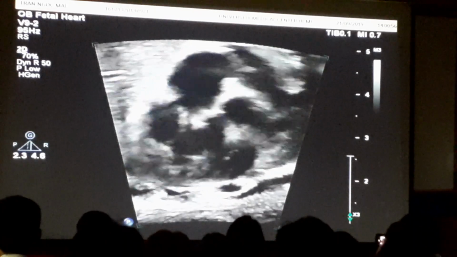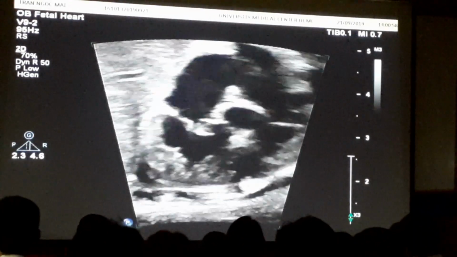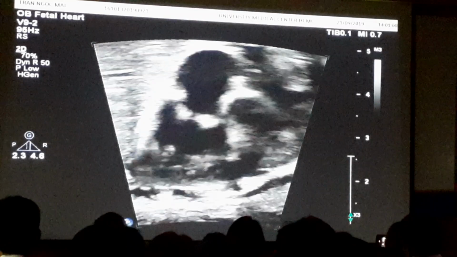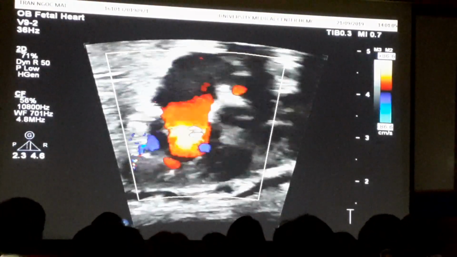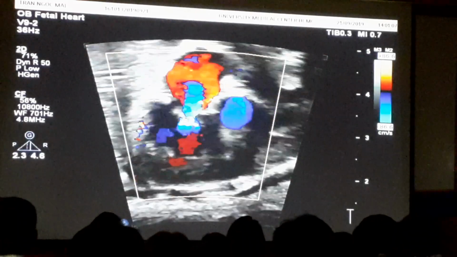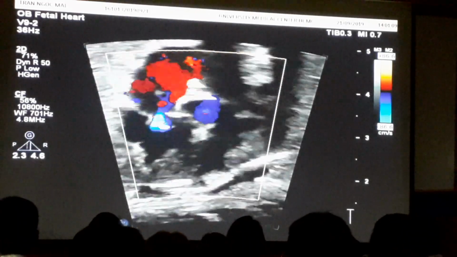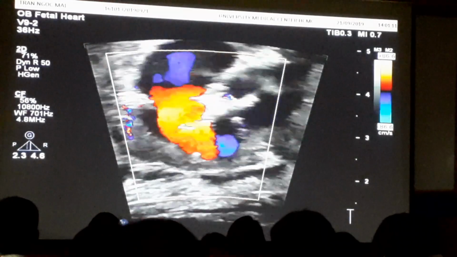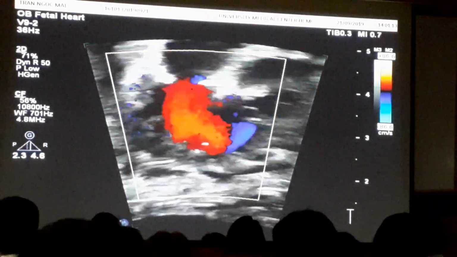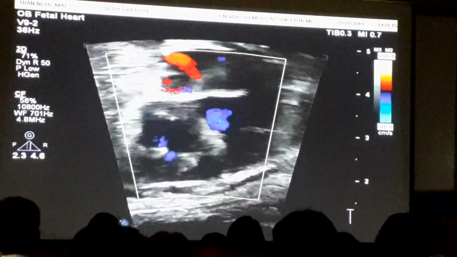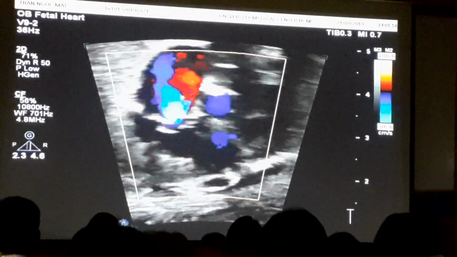And I would expect this to continue to improve. Usually this degree of tricuspid regurgitation will be pretty well tolerated as it is now. And after the baby is born, when the right ventricular pressure normally decreases with the decrease in pulmonary vascular resistance, there should be quite a bit less tricuspid regurgitation.